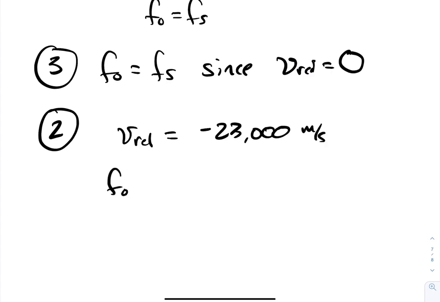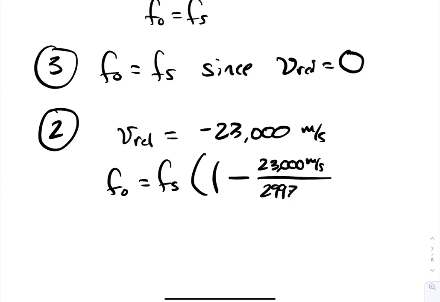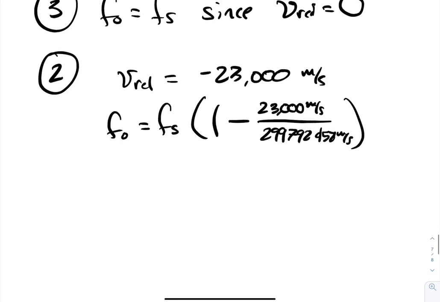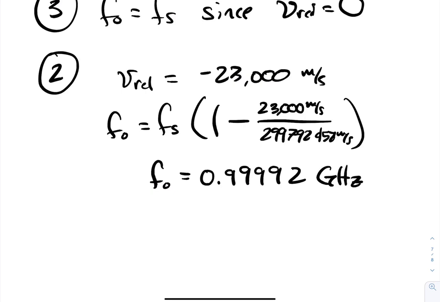And so our F sub o equals Fs, 1 minus 23,000 meters per second over the speed of light. And if we calculate this, we'll end up getting F sub o equals 0.99992 gigahertz. And so it's not much different, but it is different.